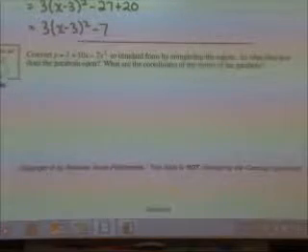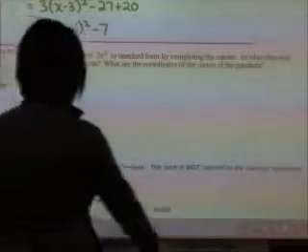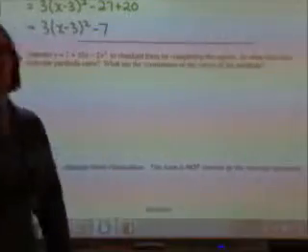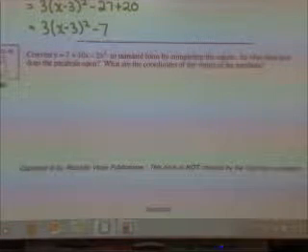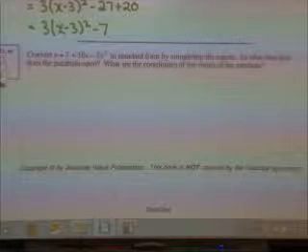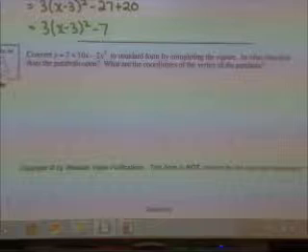2 more examples. Y equals 7 plus 10x minus 2x squared. If I want to write this in standard form, how do I start? What would you do first?